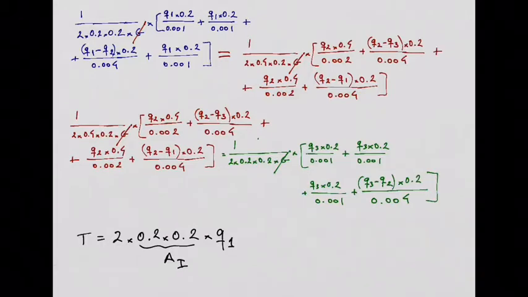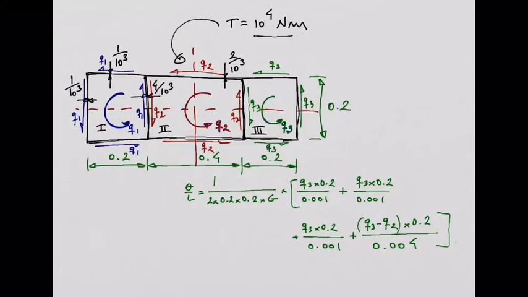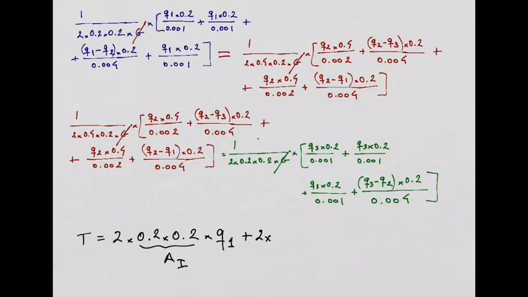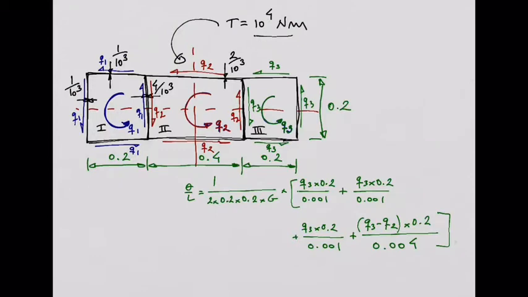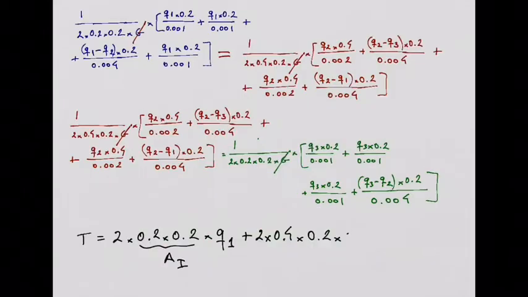So this is the contribution for the torque from cell 1. The contribution for the torque from cell 2 is 2 times the area of cell number 2, which is this area, 0.4 times 0.2, times the shear flow in that cell, which is Q2. So this is A2, right?